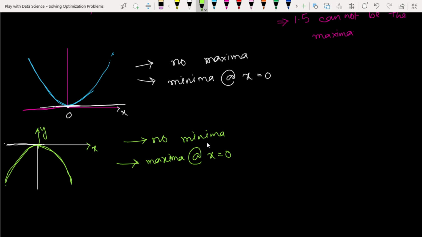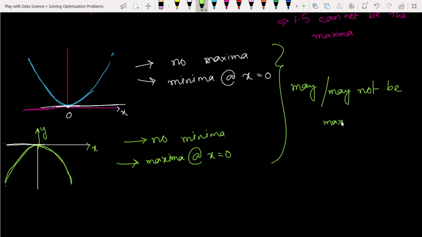At our x equals 0 point, a maxima exists. So there may be functions for which a point may or may not be a maxima or minima.